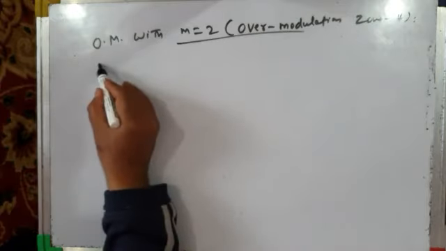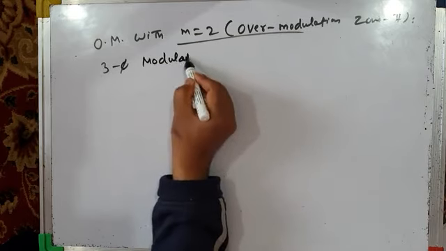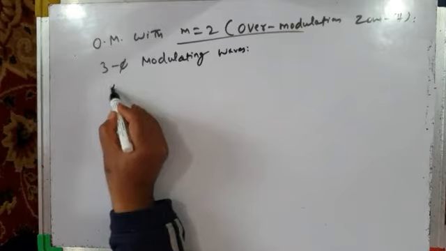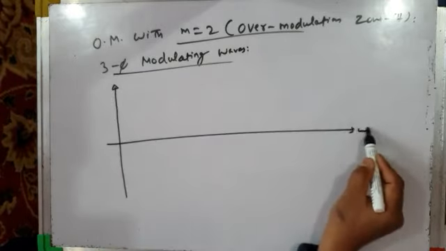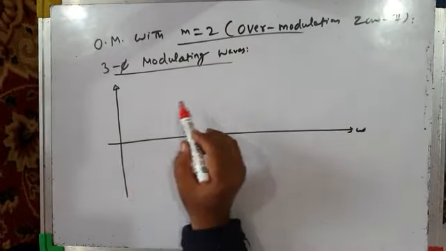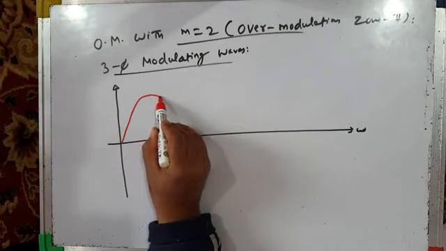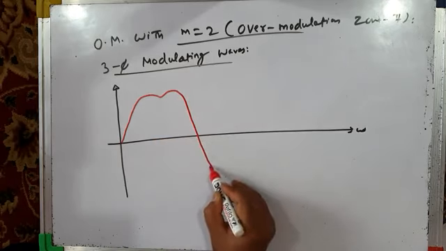Let us quickly draw various waveforms. First of all, I will draw three-phase modulating waves, modified modulating waves, or modulating signals. So first of all, we have these are the modified modulating waves.